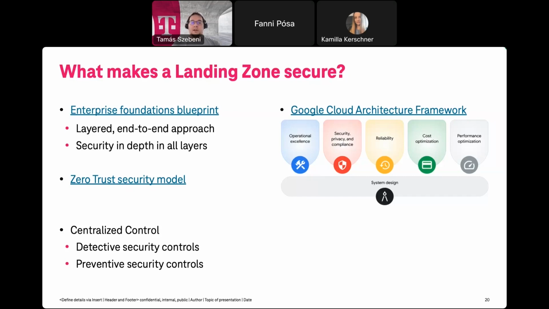There is also Google Cloud Architecture Framework, Google distributes to us, which summarizes all the best practices within system design that they also followed during the Enterprise Foundation Blueprint creation. And we also have centralized control of the landing zone, which means that there are detective security controls and preventive security controls. For example, detective security controls, they are monitoring. Preventive security controls, they are like organization policies.